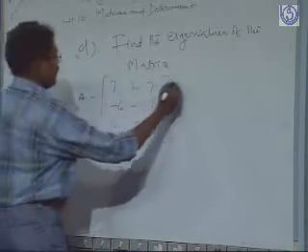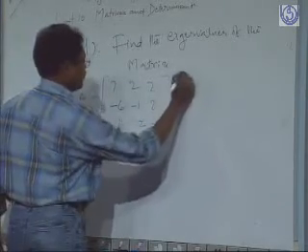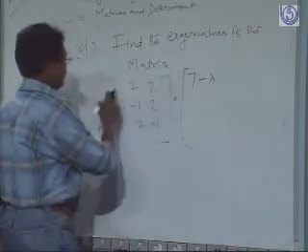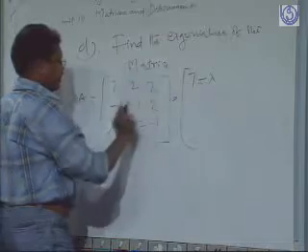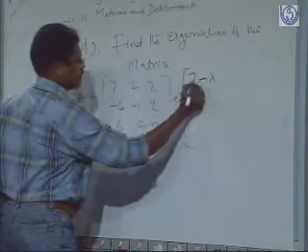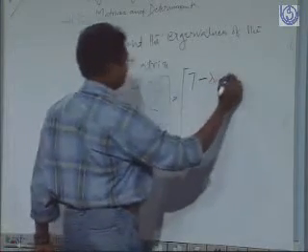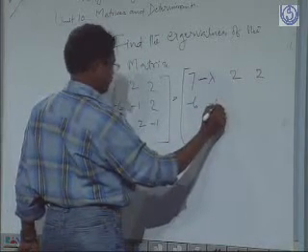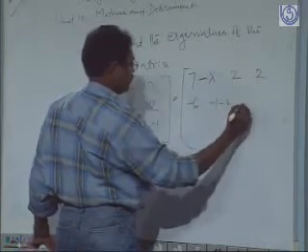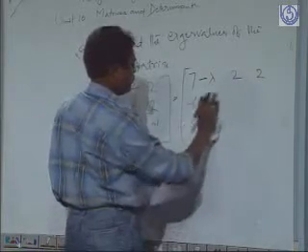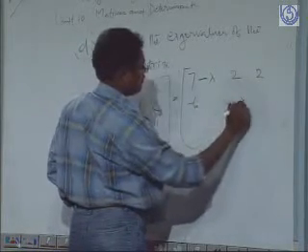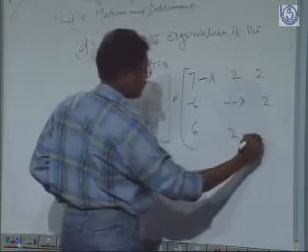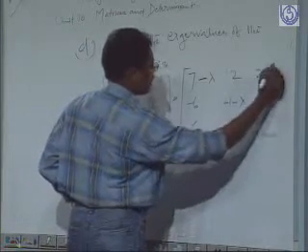So this equation will be written as follows: we subtract lambda from the diagonal entries. So we get 7 minus lambda, 2, 2; minus 6, minus 1 minus lambda, 2; 6, 2, minus 1 minus lambda.